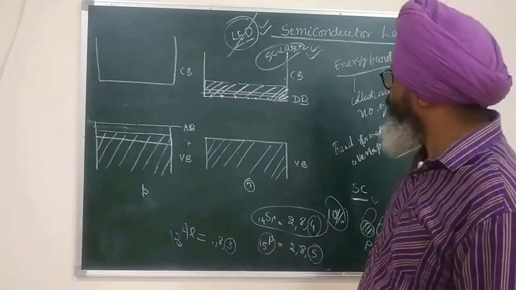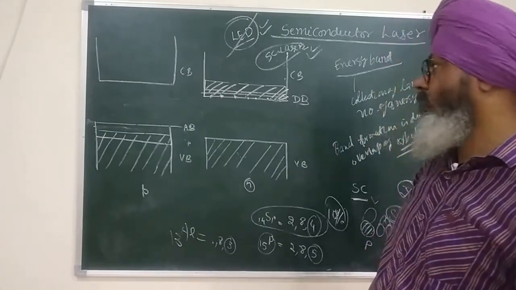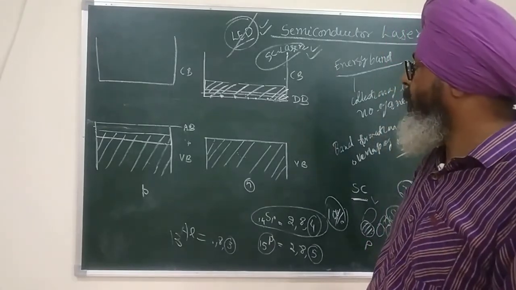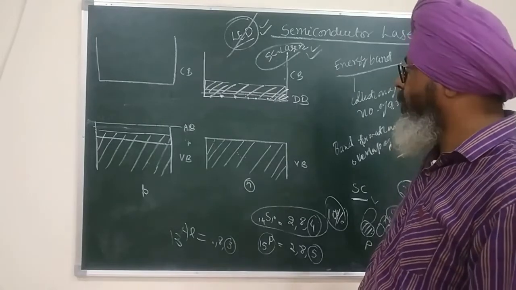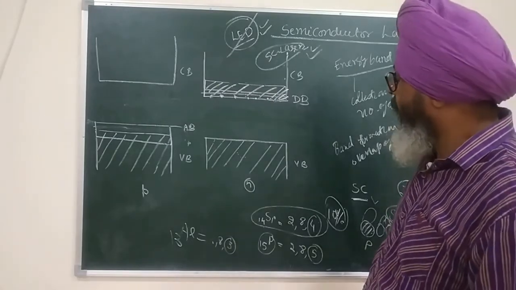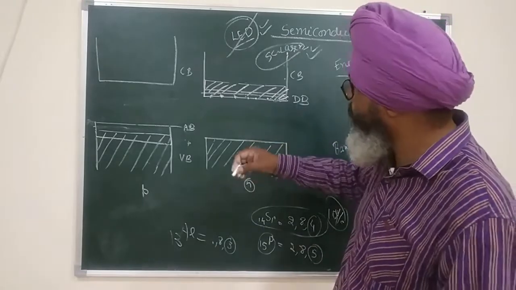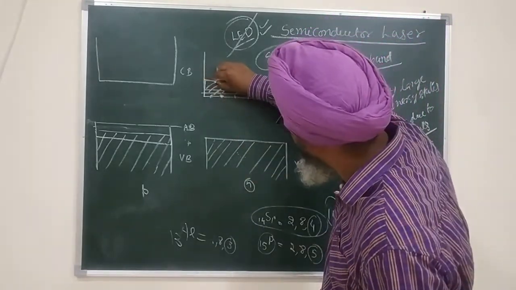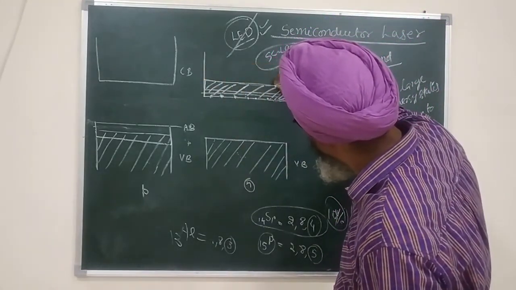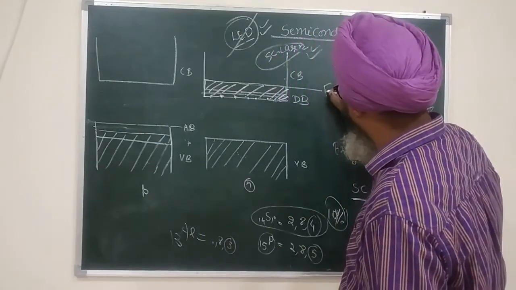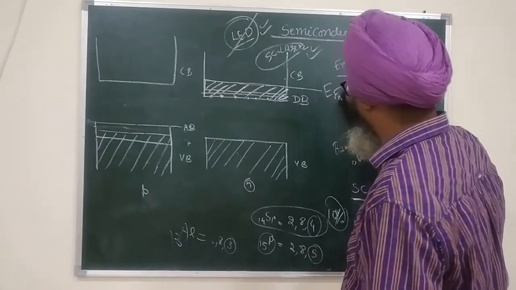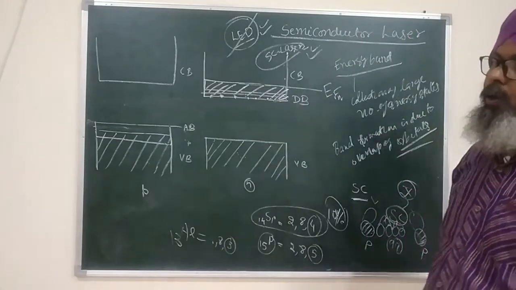Since the Fermi level definition, you know that below the Fermi level all states should be filled and above it all states should be empty. If you apply this definition, you will be able to convince yourselves that now the Fermi energy level of n-type has to be here. It will be the top edge of the donor band.